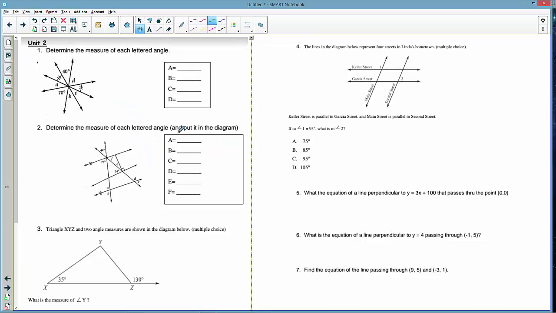Okay. Determine the measure of each angle here. Okay. So these two angles here are congruent. We're told that. We've got a 40 and we've got a 70. And we know that D and 70 are vertical, right?